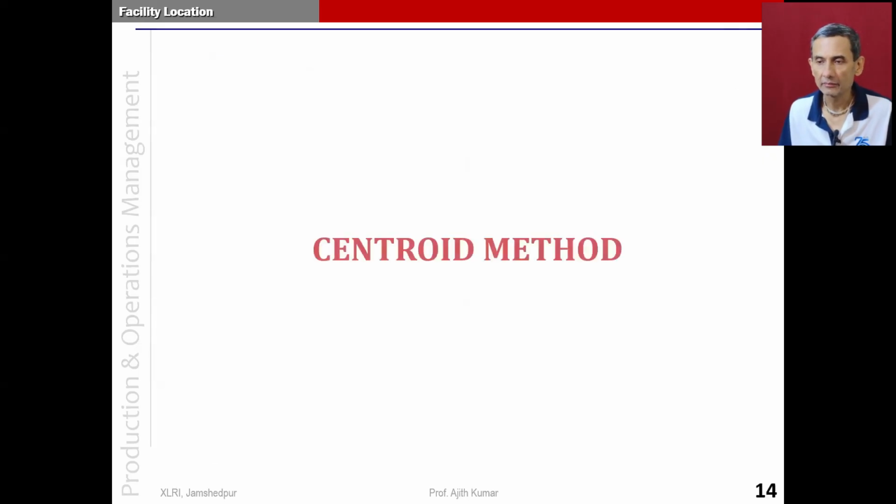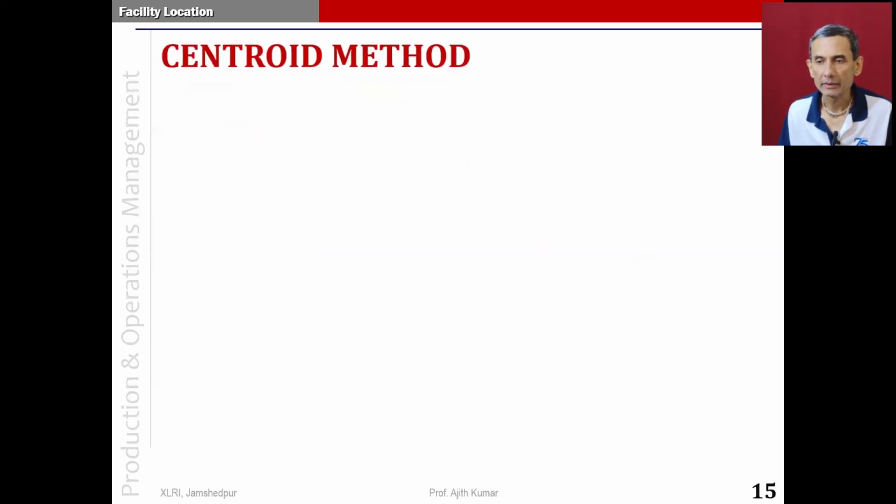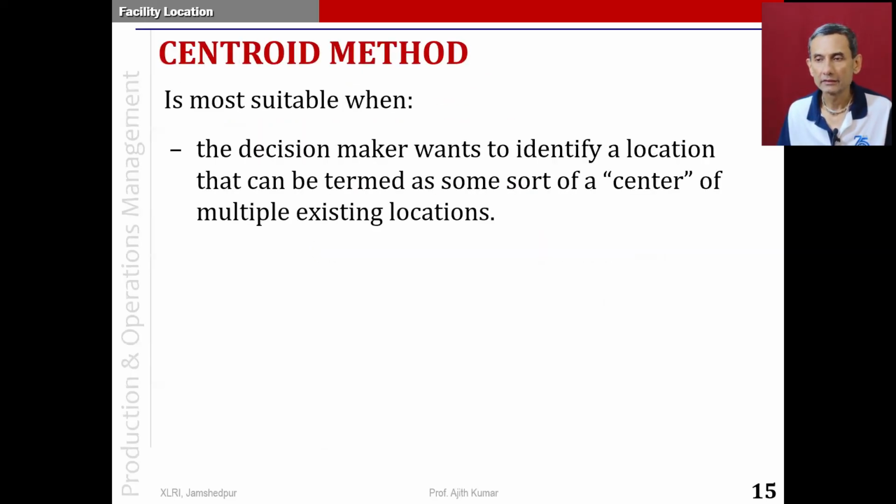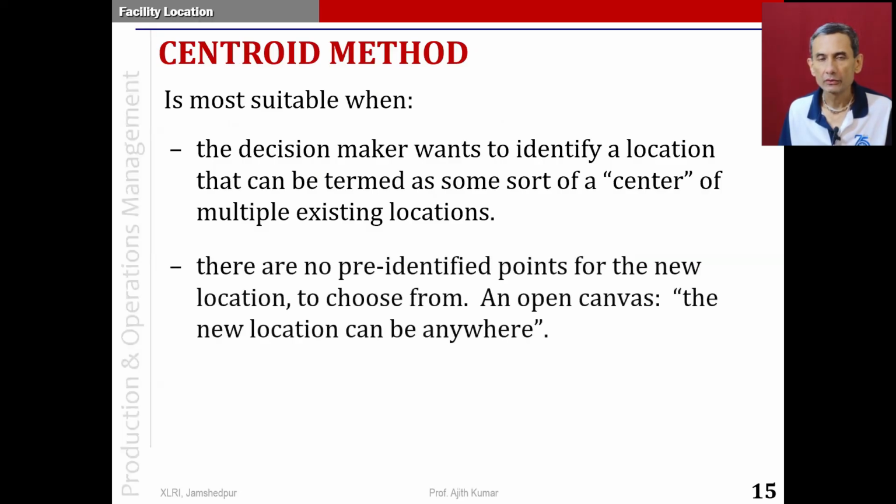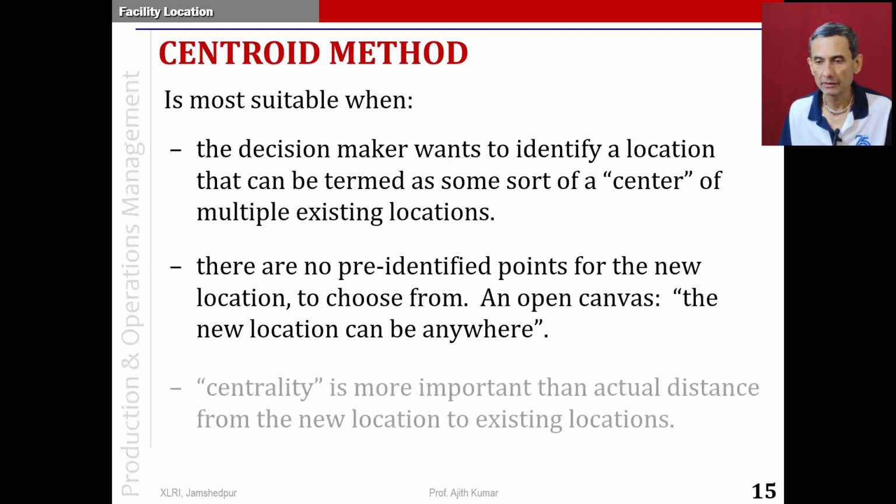The next method that we will look at is the centroid method. In the centroid method, the decision maker wants to identify a location that can be termed as some kind of a center of multiple existing locations. So there may be no pre-identified points for the new location to choose from. There's an open canvas, a geographical region, and the new location can be anywhere on this region.